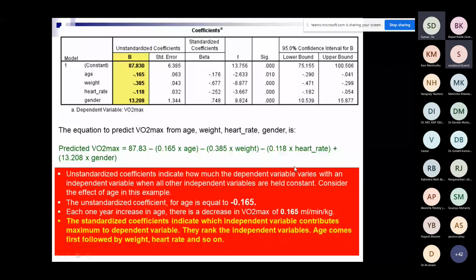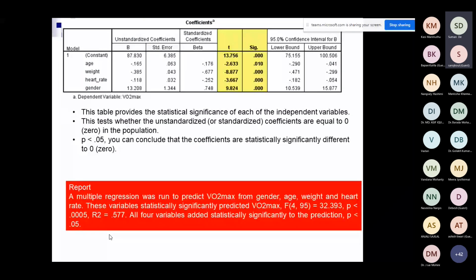So writing the report, we need to write like this. A multiple regression analysis was conducted using SPSS version 25 to predict the VO2 max from the independent variables such as gender, age, weight, heart rate. The variables statistically significantly predicted the VO2 max. We can write from the ANOVA table the F with numerator and denominator degrees of freedom equal to the F value, P less than 0.05.